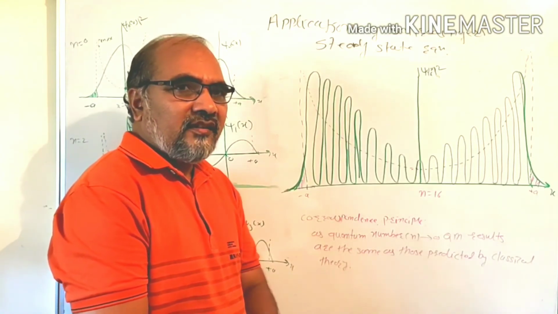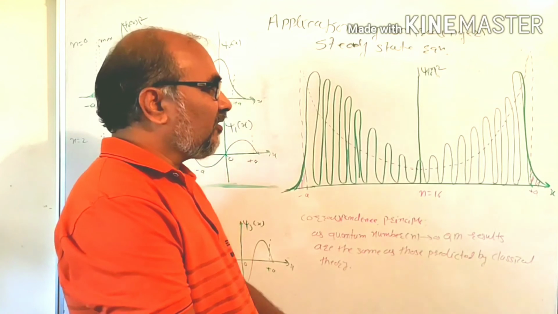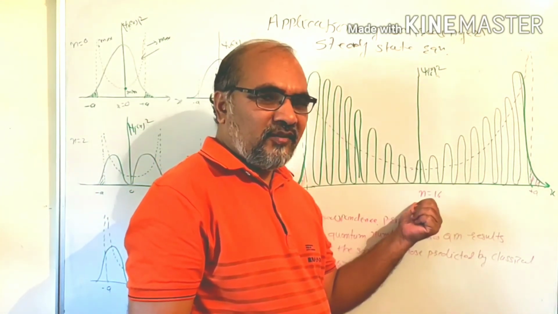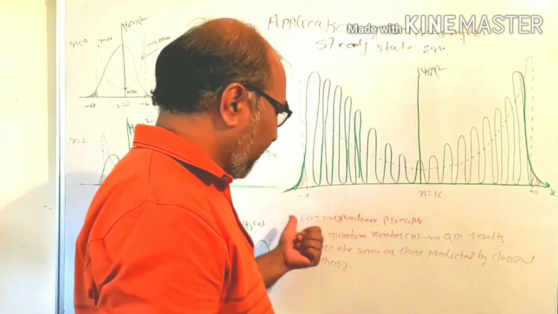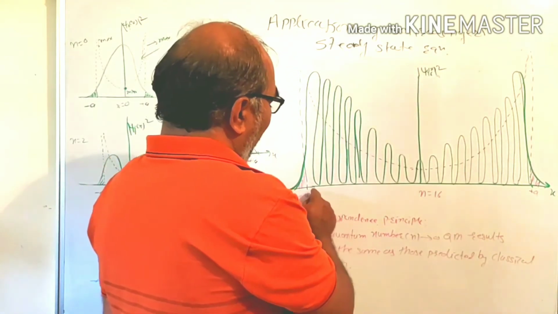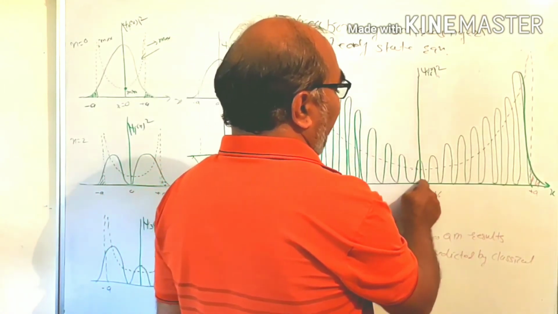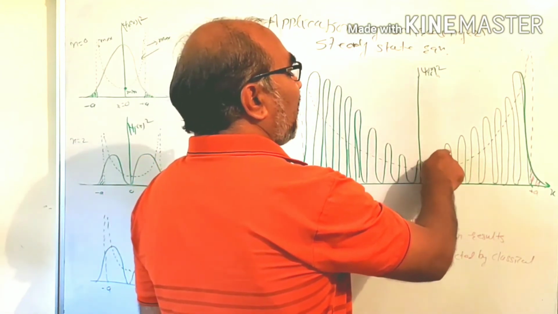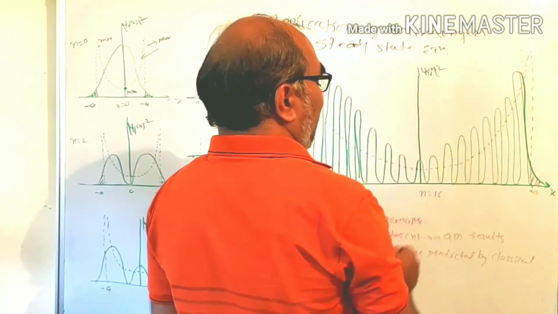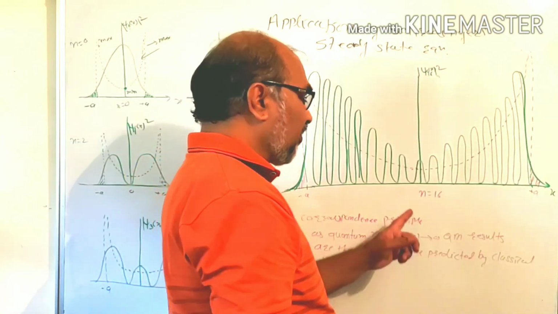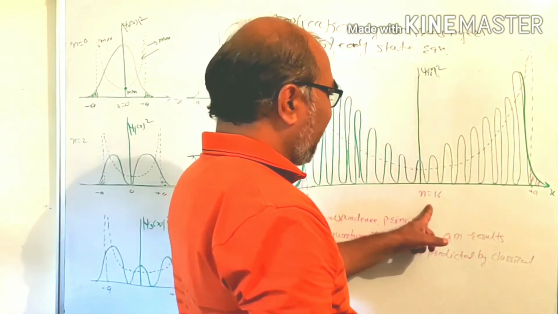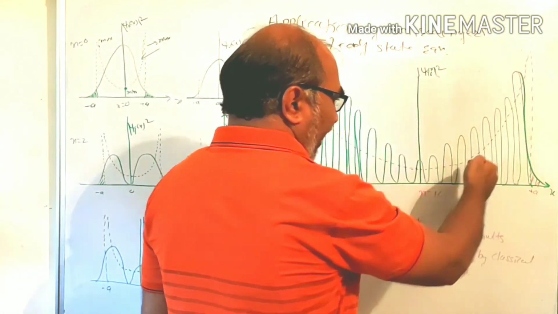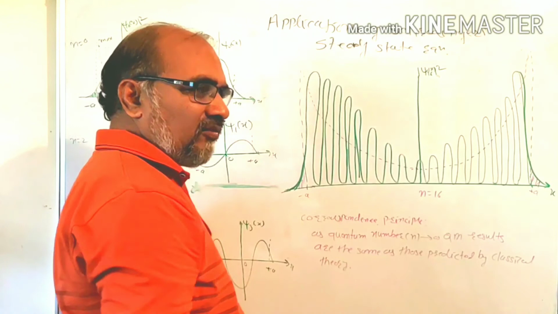If you draw a probability density curve for a large quantum number n, you see that the lower peaks are at the ground state, whereas the upper ones go on increasing as n goes on increasing, and this dotted line is the average of both.